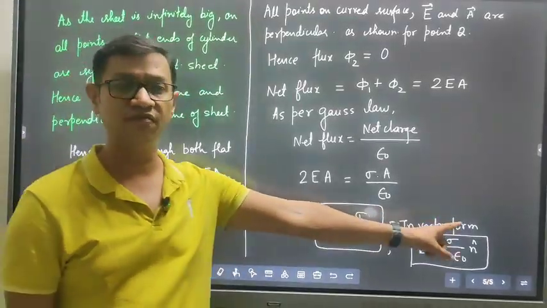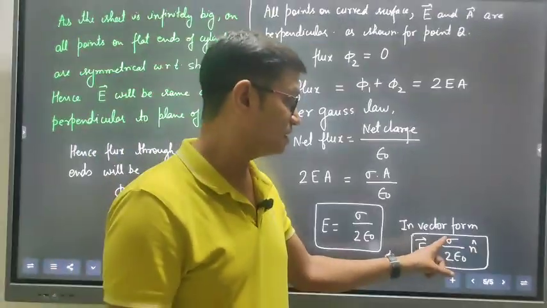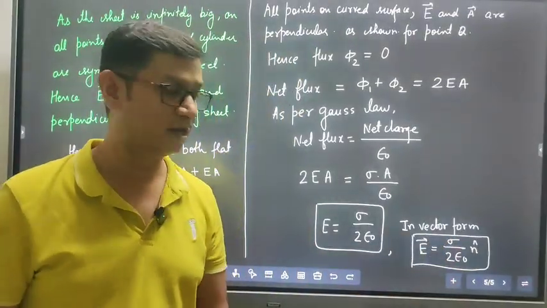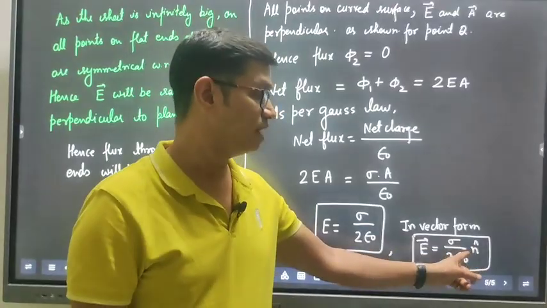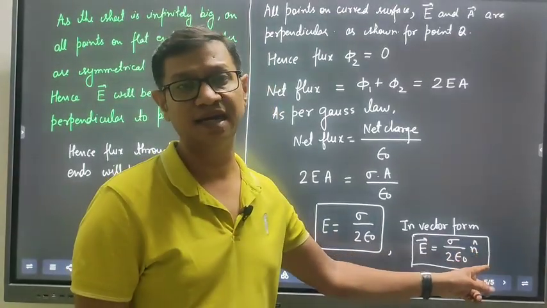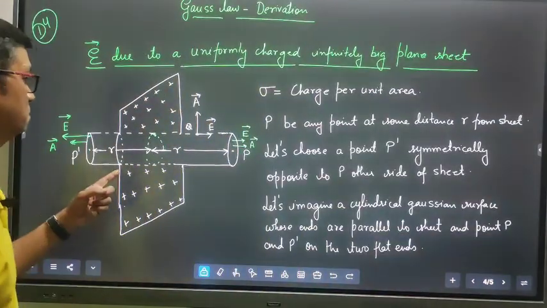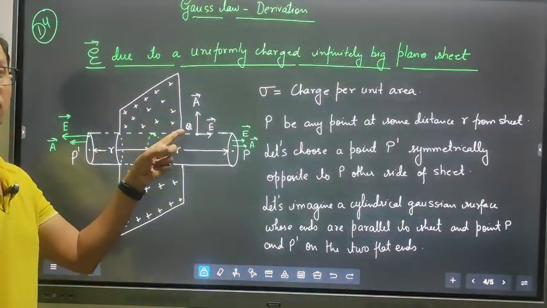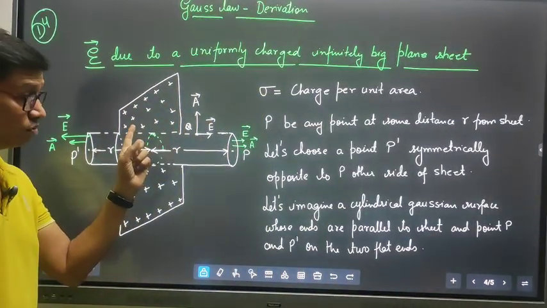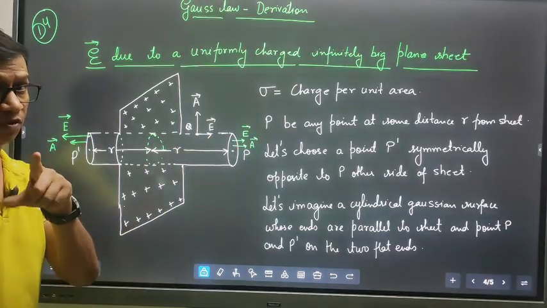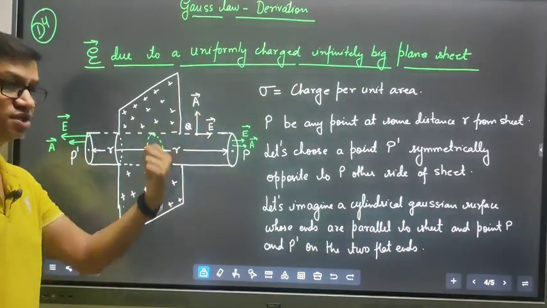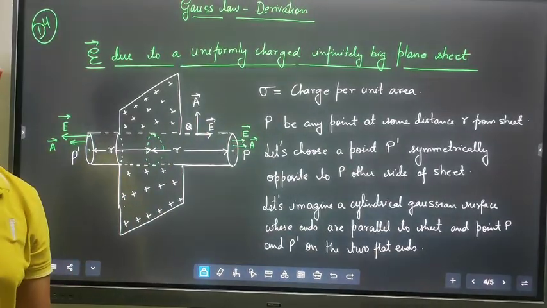Okay, in vector form, how do we write it? E equals sigma upon 2 epsilon naught, no change in the value, we just give it direction by multiplying with n cap. And what is n cap? N cap is a unit vector perpendicular to the plane of the sheet, going out from the sheet if it is a positive charge and going towards the sheet if it is negative charge.